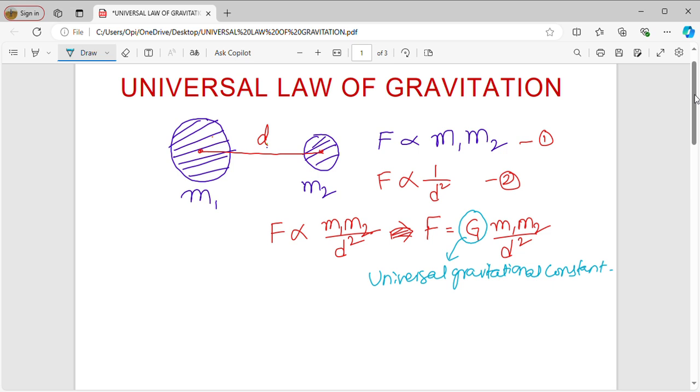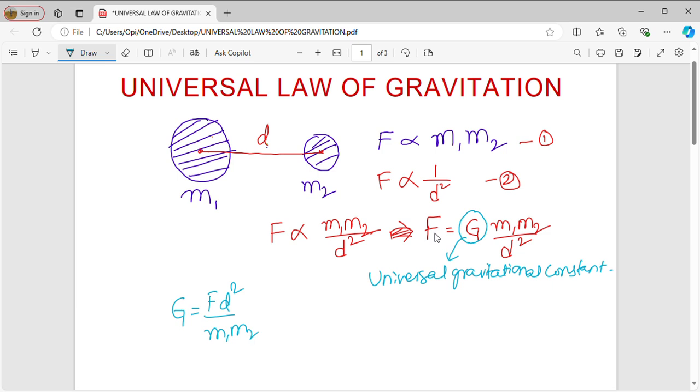From the equation, to find the value of G, it can be written as F times d square upon m1 and m2.